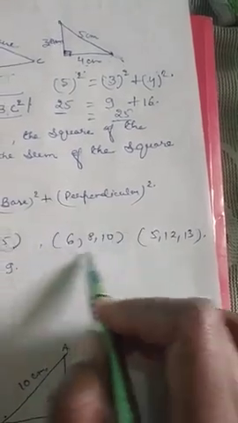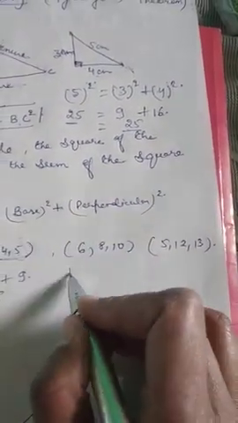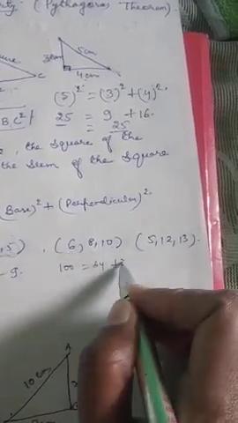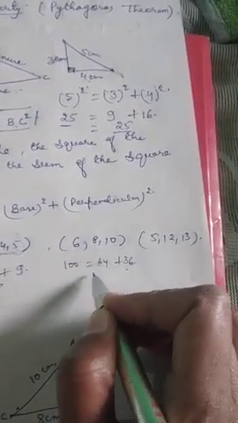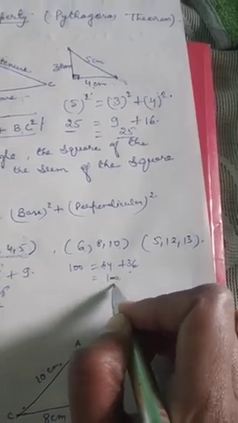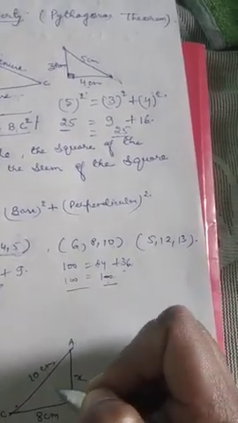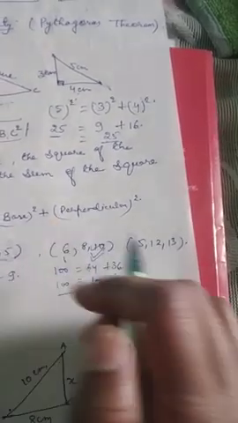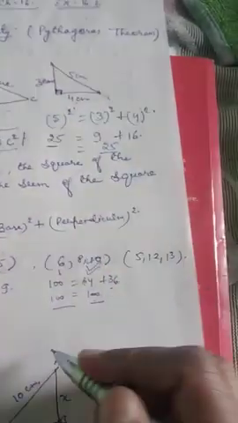Okay students? Now let's see whether this is fulfilling or not. 10 square means 100. 8 square means 64 plus 6 square means 36. 64 plus 36 will be equal to 100. Yes, this is also fulfilling. So this is also called a Pythagoras triplet, a combination of 3 numbers which fulfills this property.